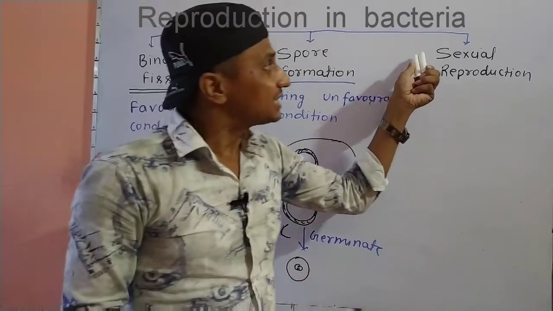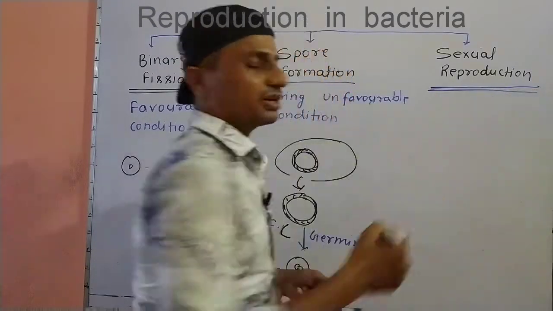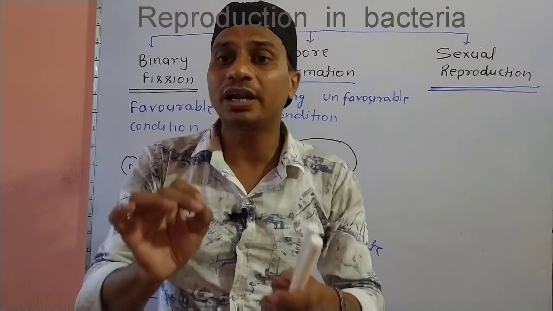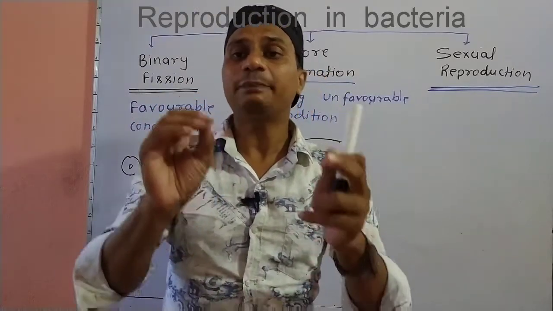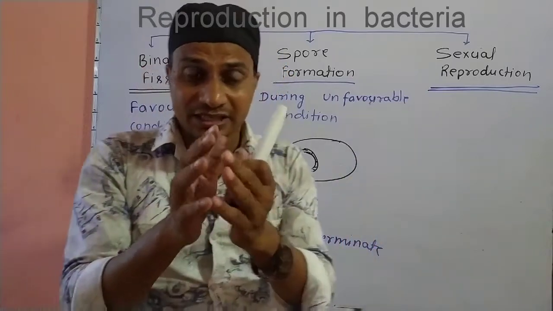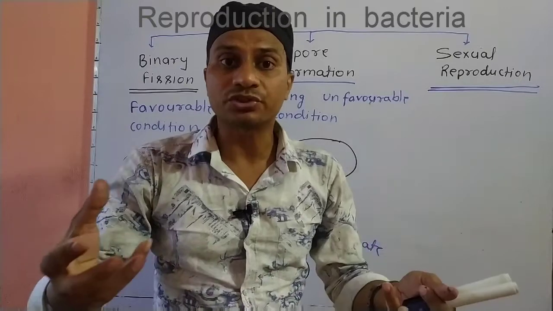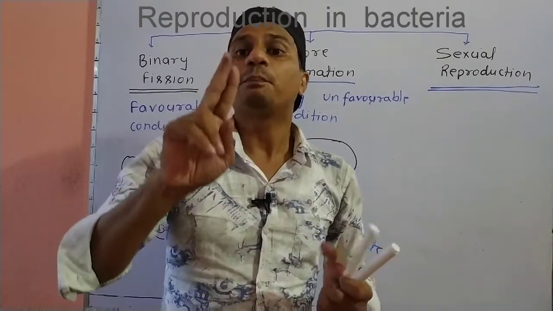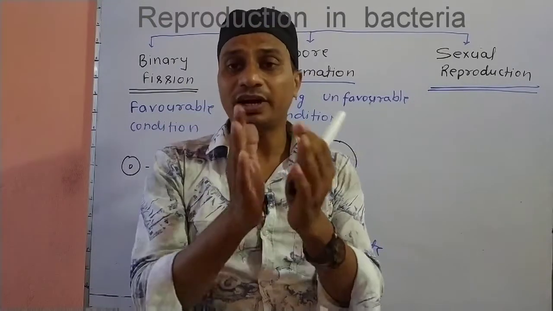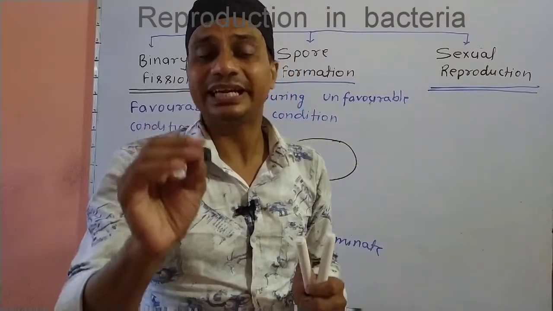Next one is sexual reproduction. What is sexual reproduction? Sexual reproduction is nothing but only a primitive type of DNA transfer. It is not to produce two or more cells. It is only a primitive type of DNA transfer.